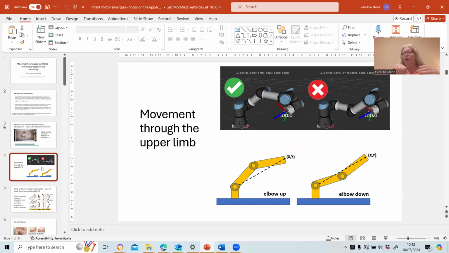Or you could in fact put the elbow out, but stretch the arm further and move your whole body around until you've got to the object. So you've got a whole variety of potentials. The infants will try a number of different strategies. In its various spontaneous movements, it will be having a go at trying different motor synergies.